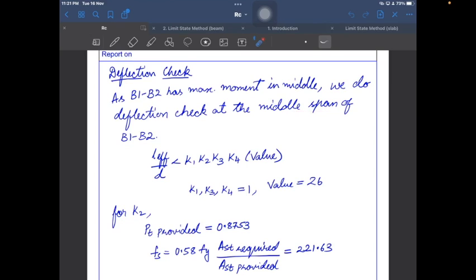Deflection happens only at the middle span. At supports, the beam is supported, so it won't deflect. So we check at the middle span only.